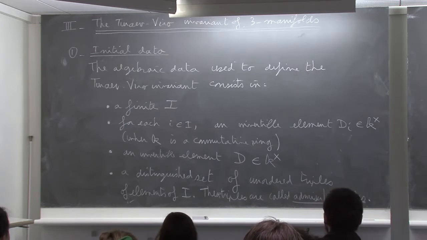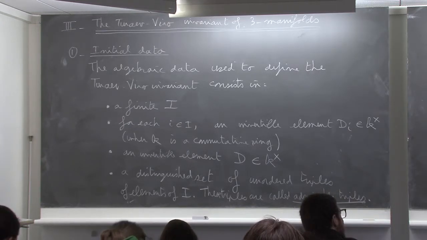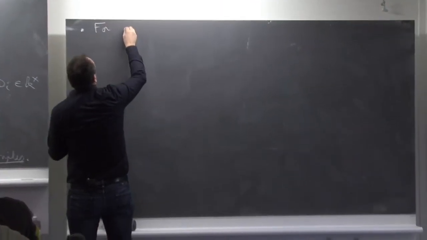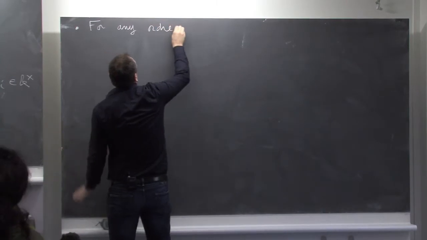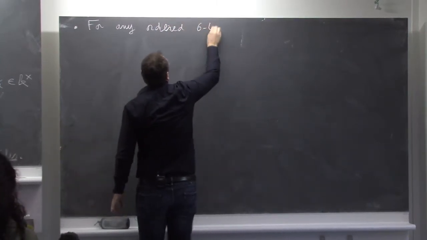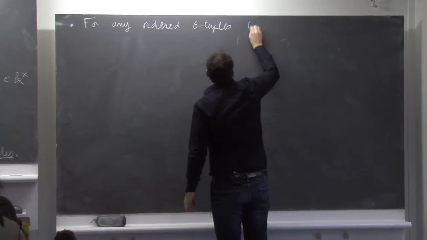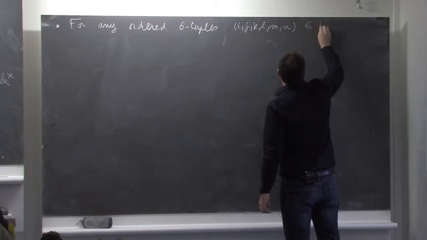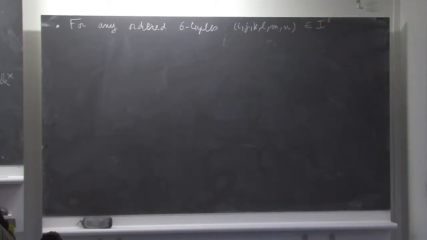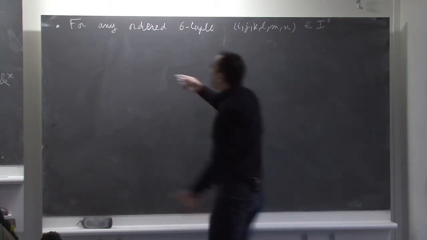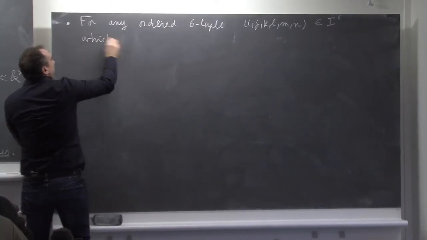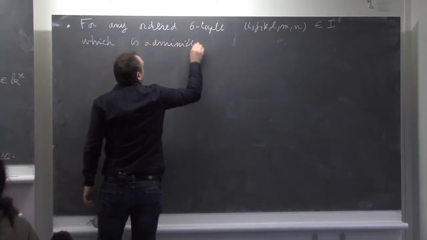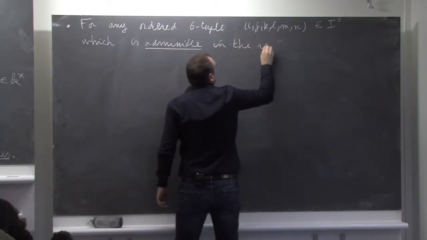And then we want to associate scalar to the tetrahedra, so we need for any ordered 6 tuple I, G, K, L, M, N of element of I, we want that this sixth tuple is admissible, in the following sense.